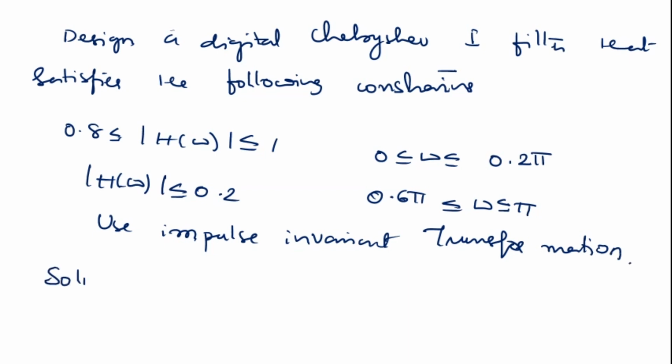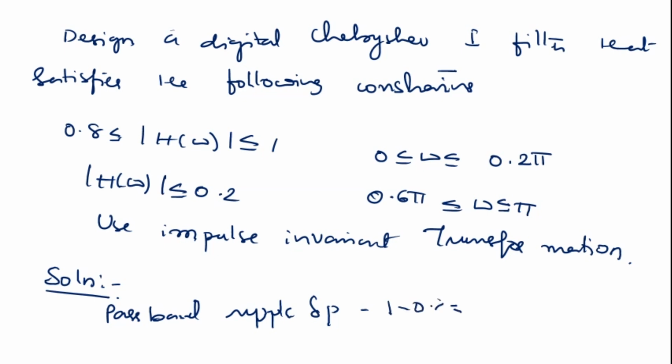From the given specifications, the passband ripple delta p is equal to 1 minus 0.8, which is equal to 0.2, and the stop band tolerance delta s is equal to 0.2.